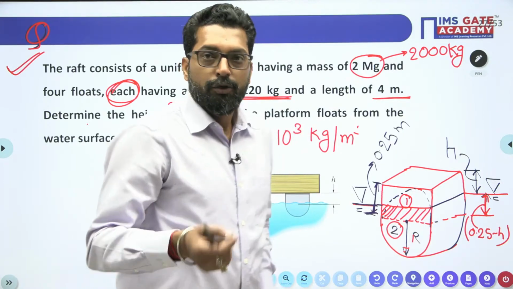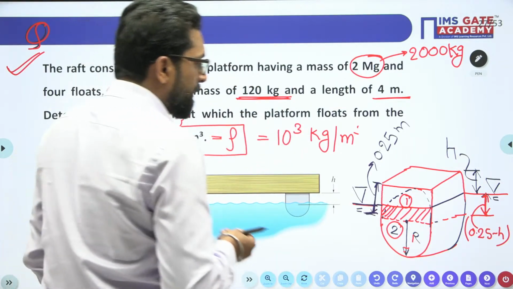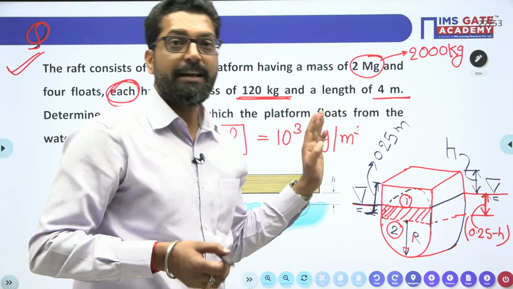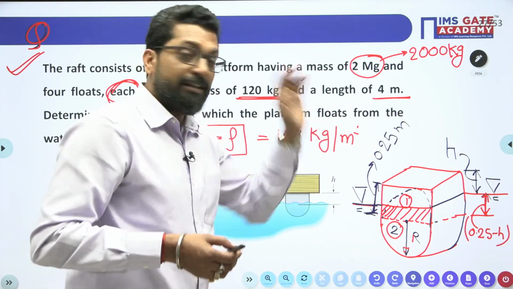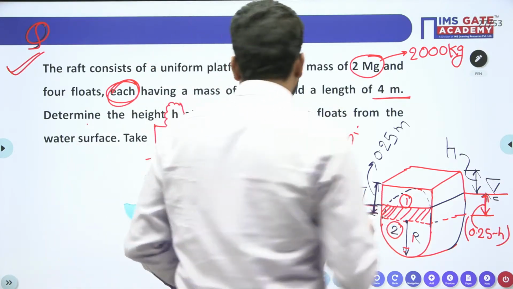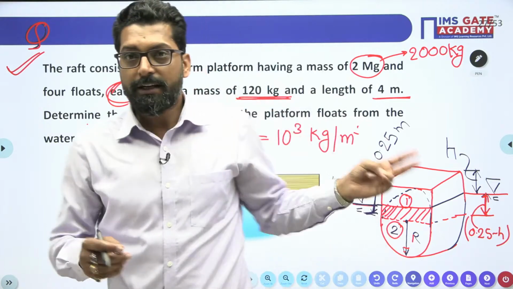Okay, so first we calculate the equilibrium condition. What is the equilibrium condition? There are two equilibrium conditions.